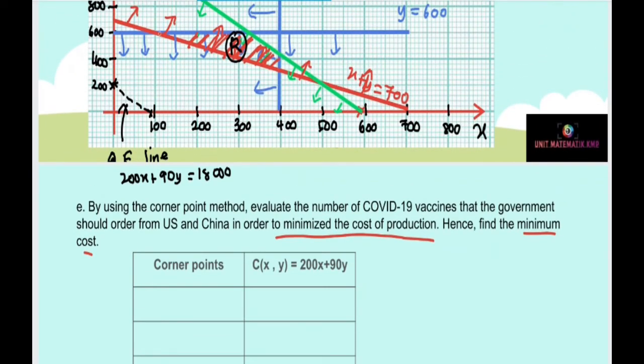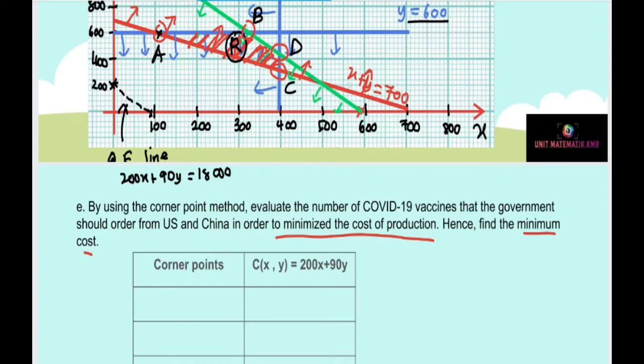So we know that we have 1, 2, 3 and 4. So we have 4 corner points. So I name them A, B, C and D. Okay, now to get the point A, we know that the value here is y equals 600. This point is the intercept between the red line and the blue line. The blue line is y equals 600 and the red line is x plus y equals 700.